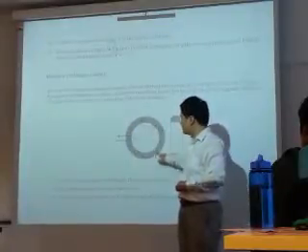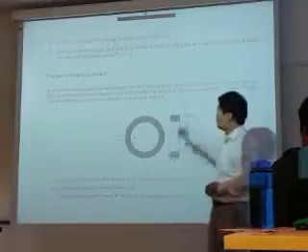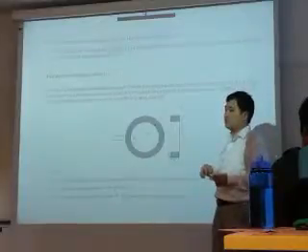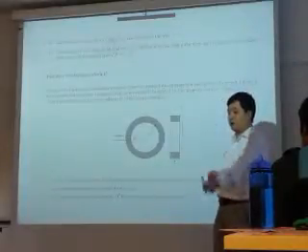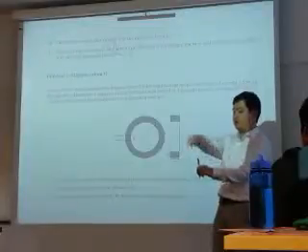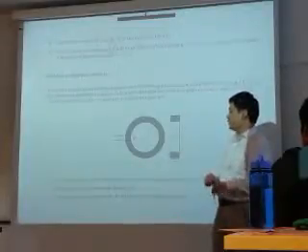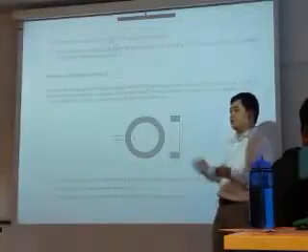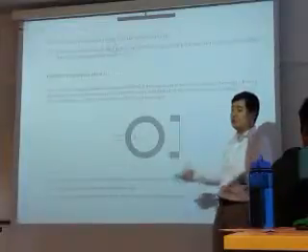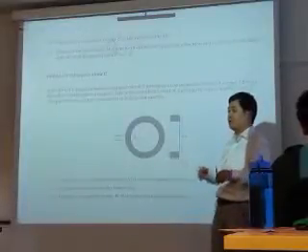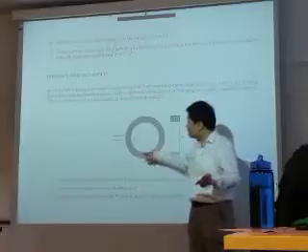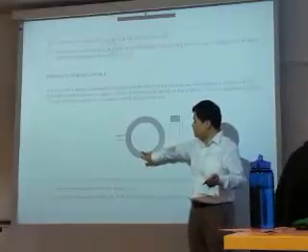The field lines go clockwise. But this question and the previous question have one major difference. In the previous one, you have only one wire, and the field lines just go out, right? In that case, you can say the field line is infinite or has no size at all. But in this one, all the field lines will be confined in this ring.